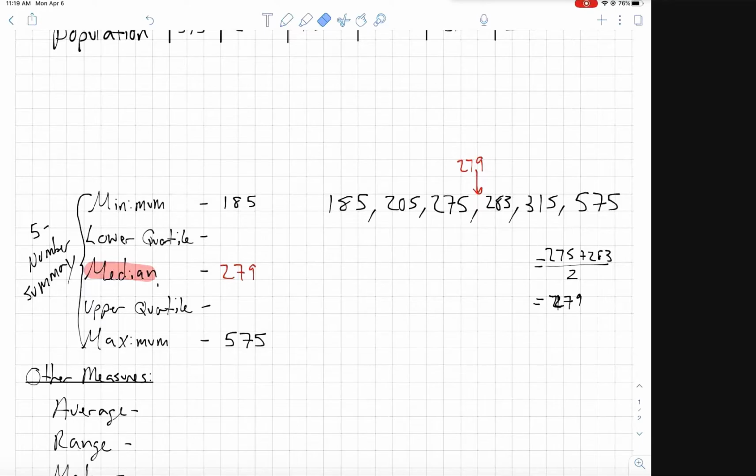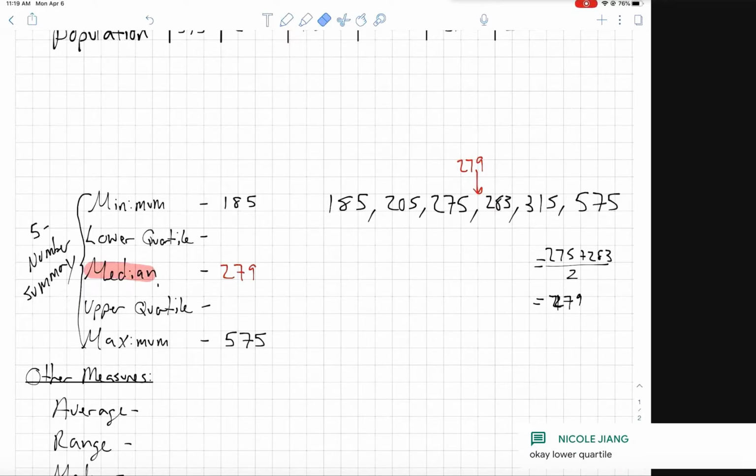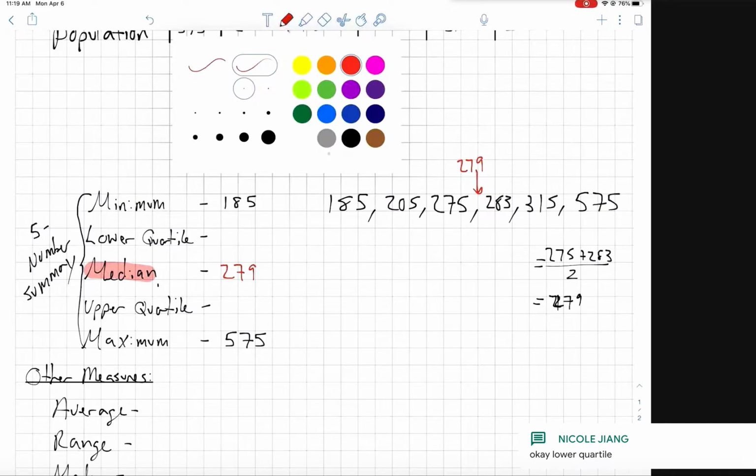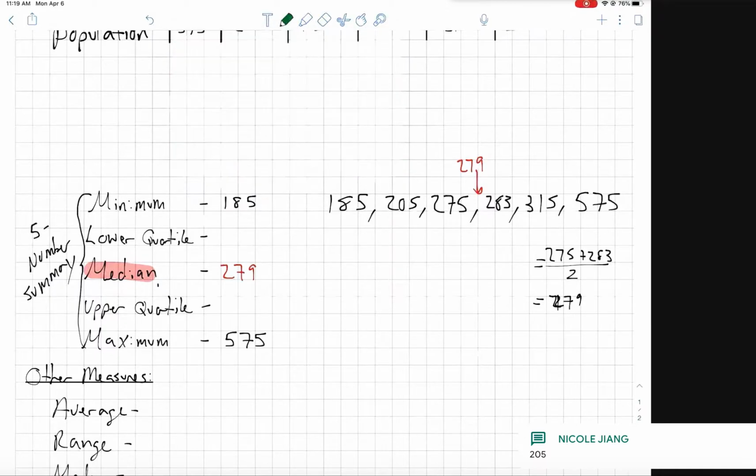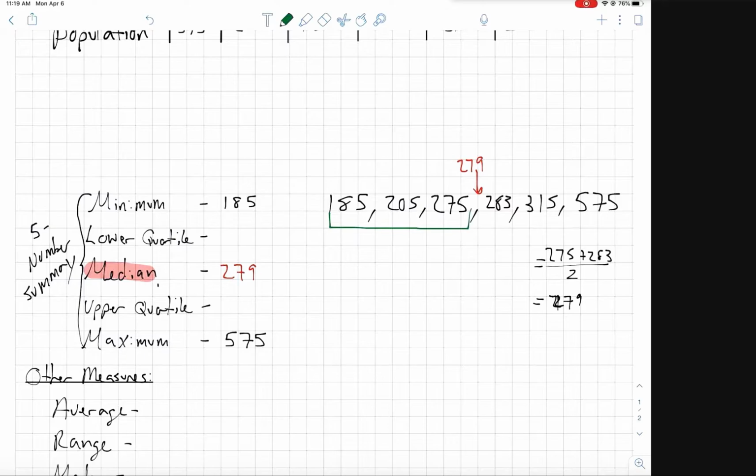Okay, now what should we do next? The lower and upper quartiles. Okay, who wants to help me find the lower quartile? 205. So we look from the minimum to the median, and we look for that number in the middle, 205.